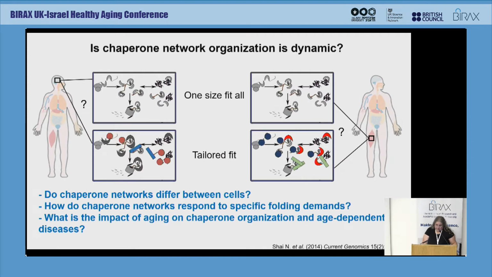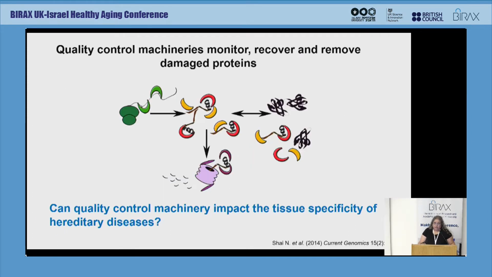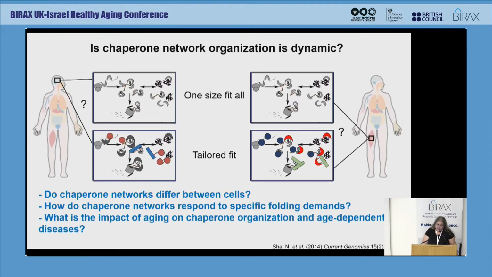So asking if the chaperone quality control can impact the specificity of hereditary diseases is basically asking a very fundamental question of how quality control systems are organized in multicellular organisms. And this is because we can envision two extremes.